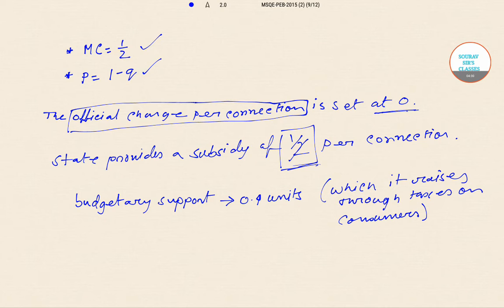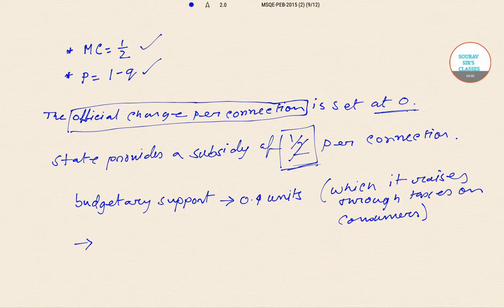Now bureaucrats in charge of sanctioning the internet connection are in a position to ask for bribes, and consumers are willing to pay them in order to get the connection.